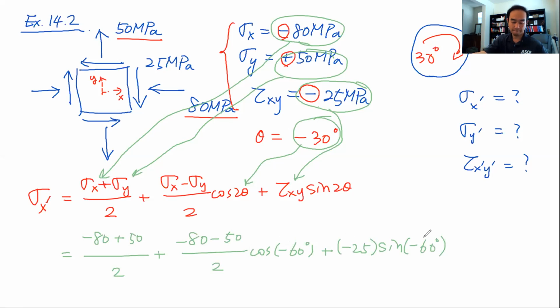When you calculate it, I got negative 25.8 megapascal. So this is sigma x prime.